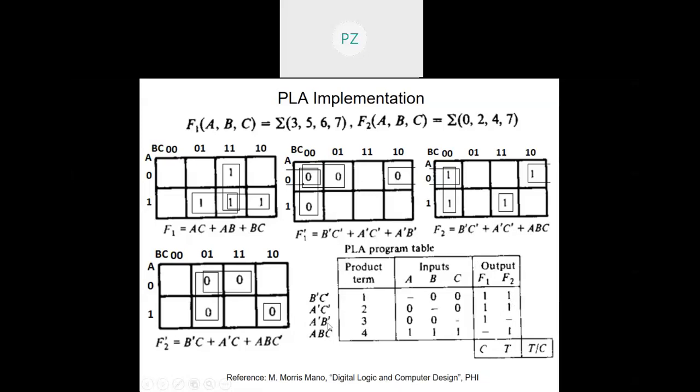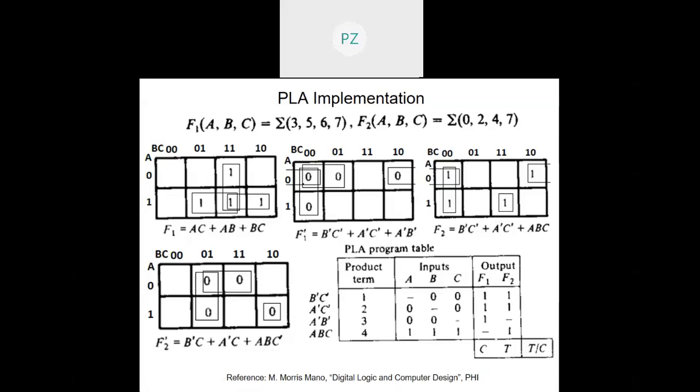So this PLA program table is good enough to give me the logic circuit diagram of the PLA that realizes these two functions. I'll essentially have four AND gates only, and two OR gates.